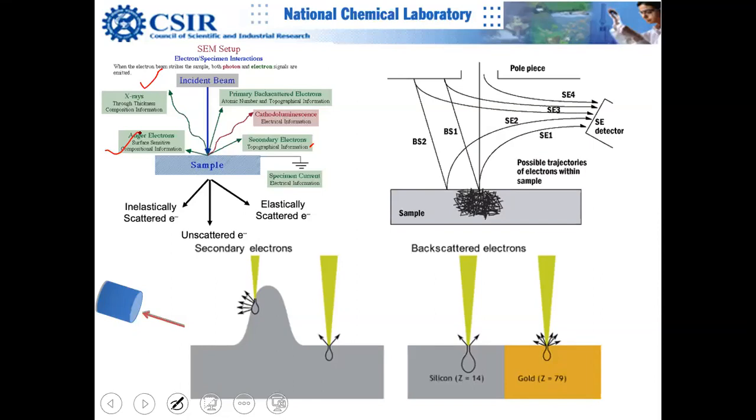The energy of that Auger electron is specific to that particular atom, so that tells you the identity, the atomic number. So if you are detecting that Auger electron, then you know the composition analysis. But there are many differences between X-ray detection and Auger detection. X-rays give you composition analysis from deep levels of the sample, but Auger electrons give you only surface information.